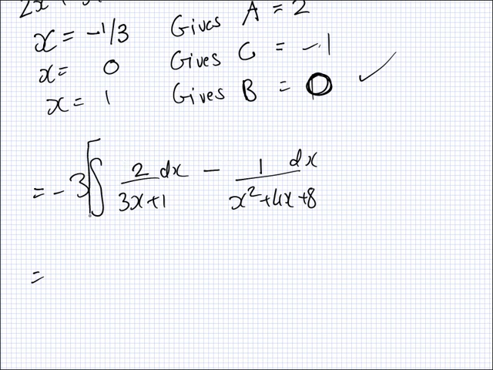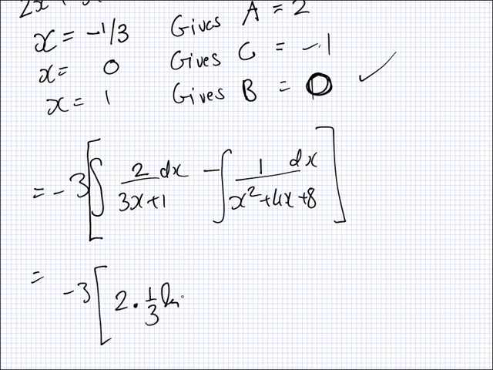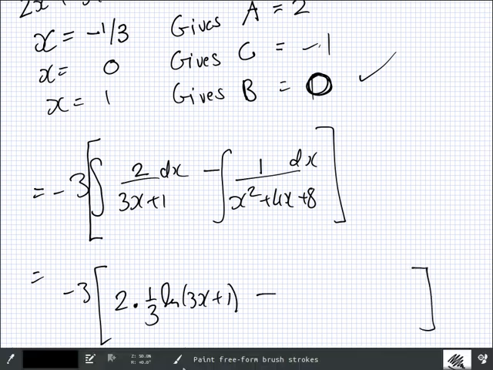Hang on, just be careful, that minus 3 is on both, okay? From the beginning. So this becomes 2 times 1 over 3 log 3x plus 1. But what do we do about this?